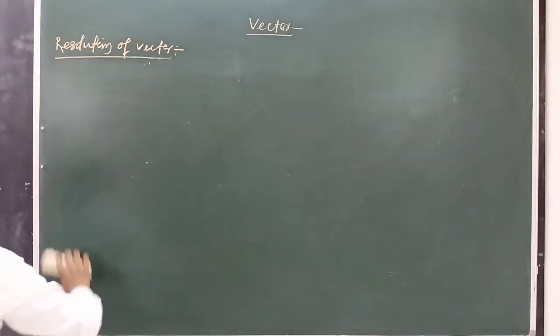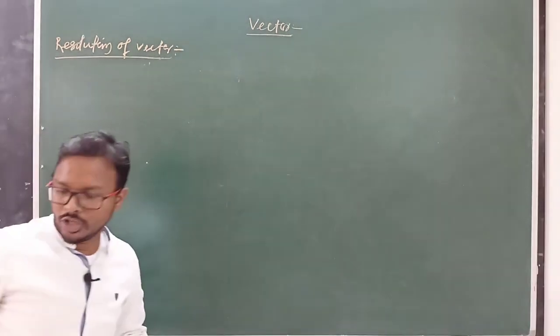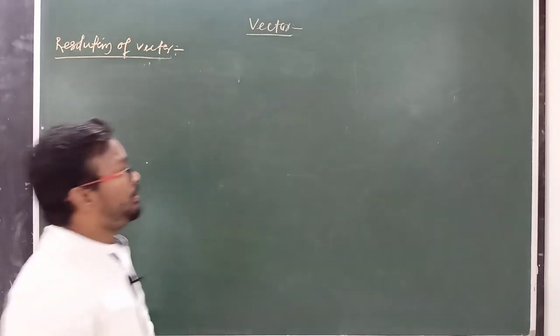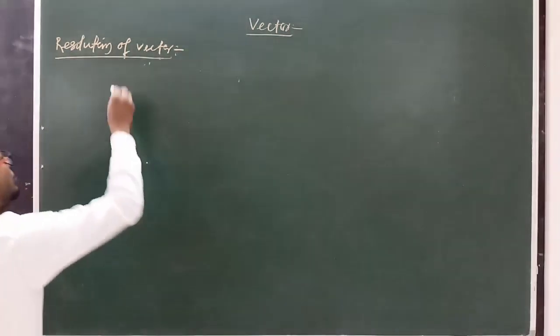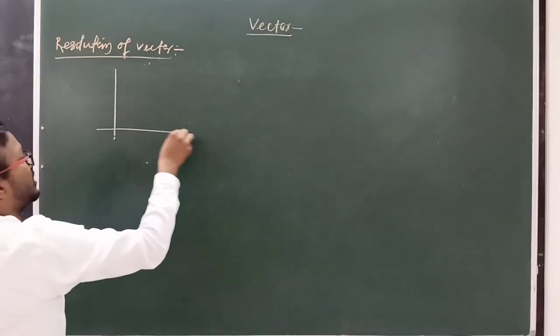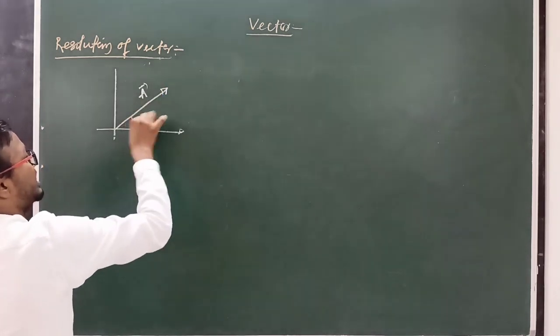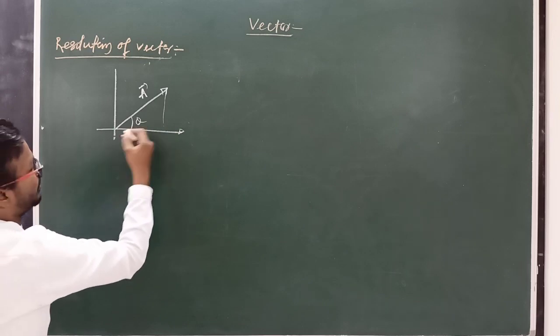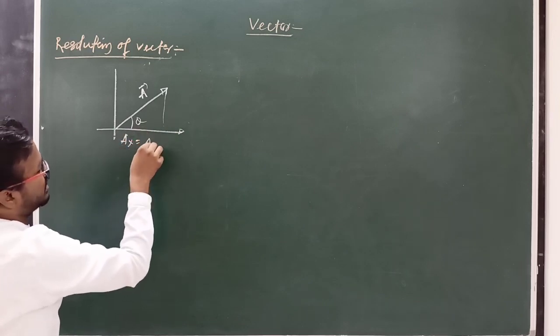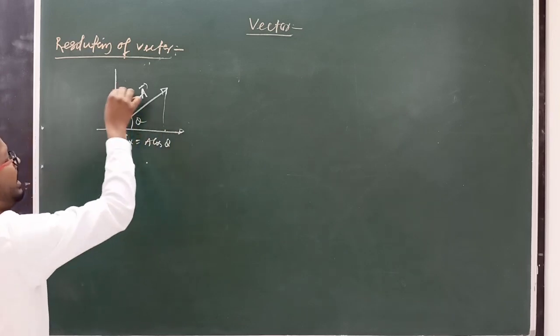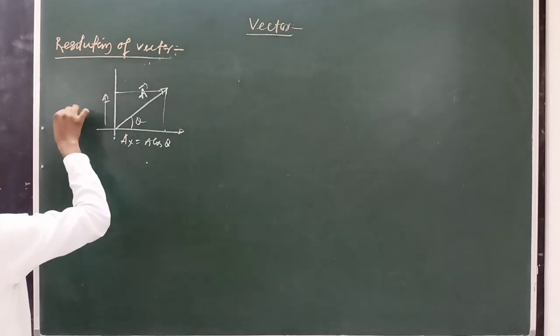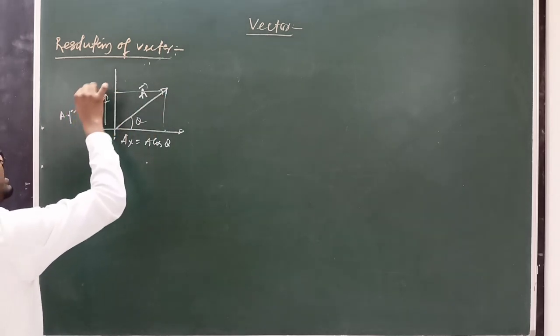rectangular component. Clear? Okay. This rectangular component can be represented in a two-dimensional figure or with unit vectors. This is the resultant vector a and this angle theta, and this component ax which equals a cos theta, and this component ay equals a sin theta.